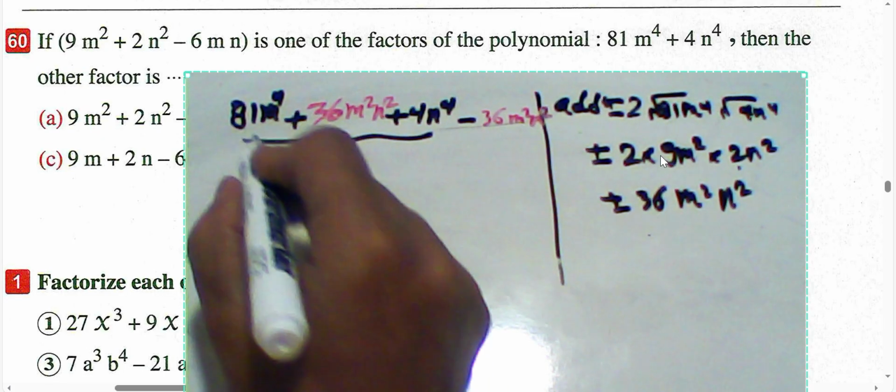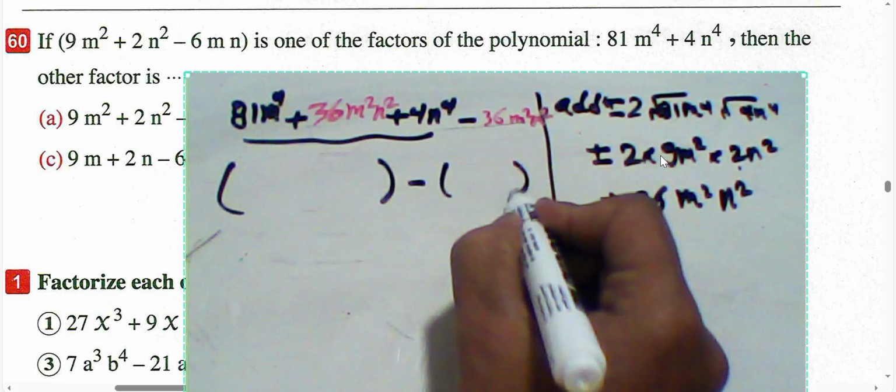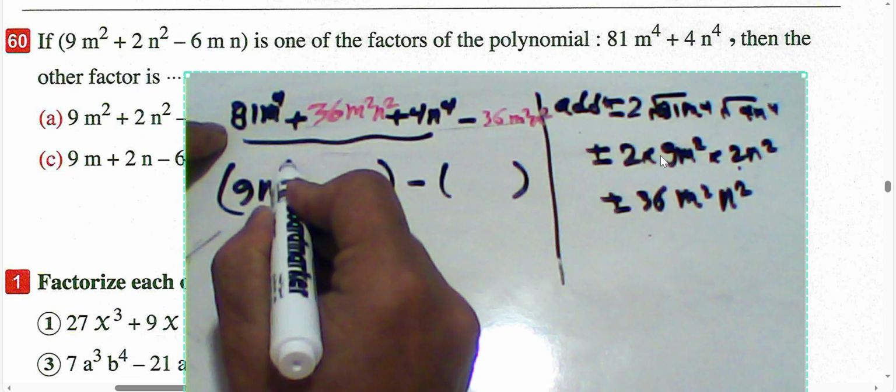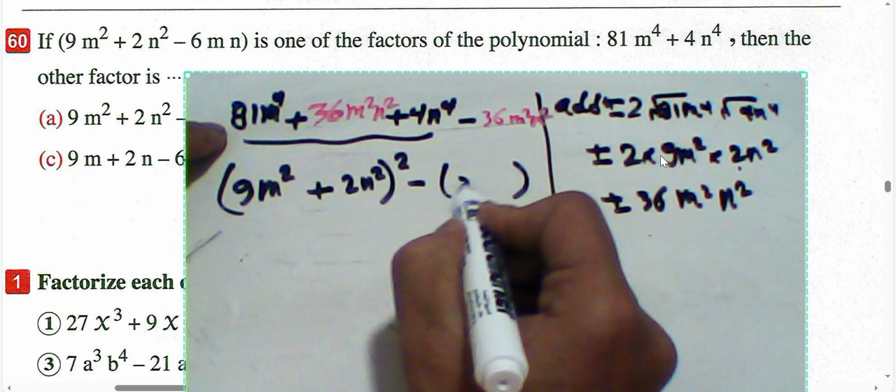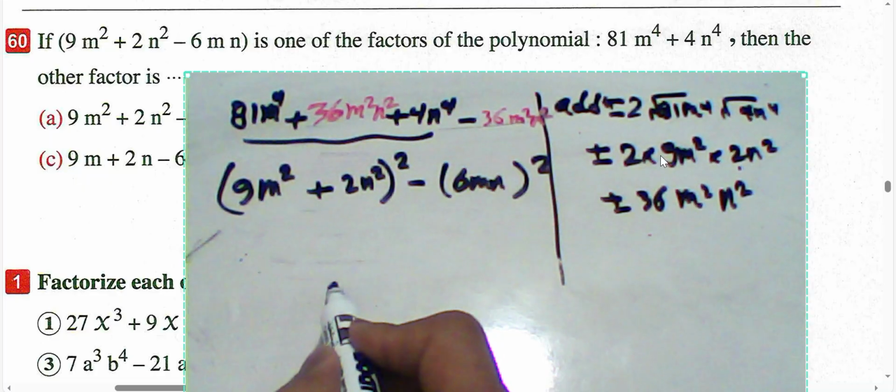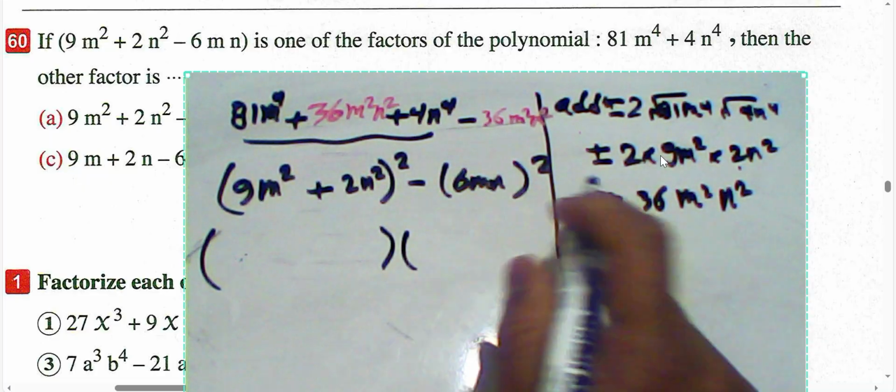This expression is a perfect square. You can write the square root of the first, which is 9n², and here 2m², with the sign positive, whole squared, and here (6mn) whole squared. Then factorize the expression.